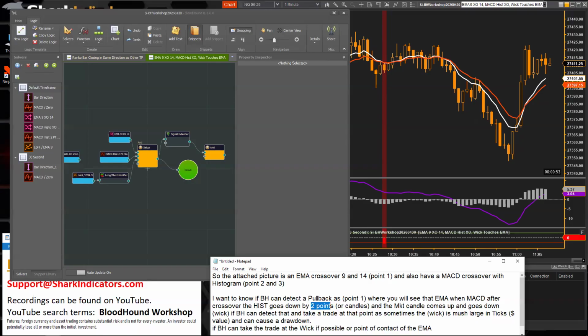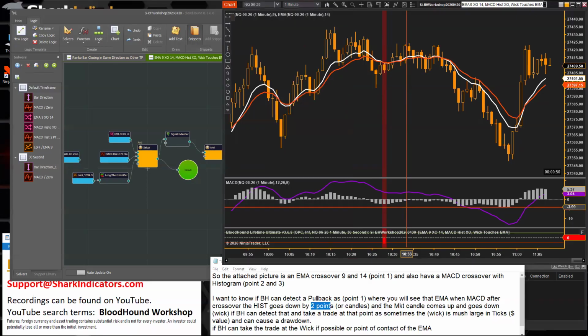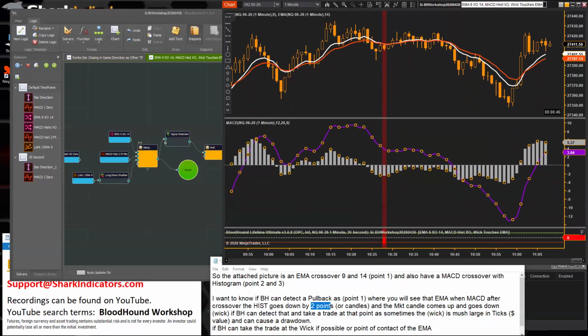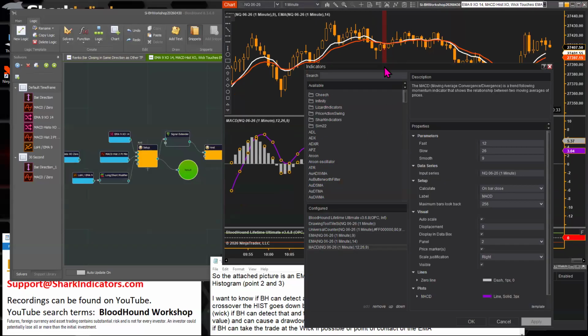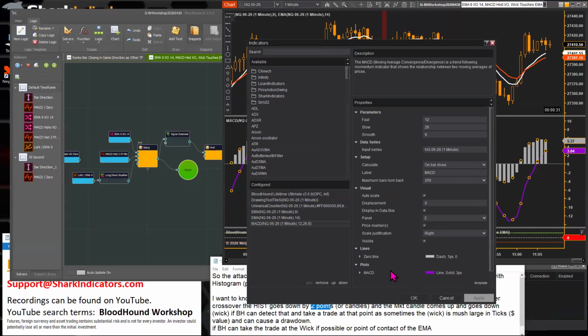I think where your confusion lies is that the crossover of the lines matches exactly with the histogram, because the histogram is just the subtraction between the 2 lines. So they always correlate exactly with each other.